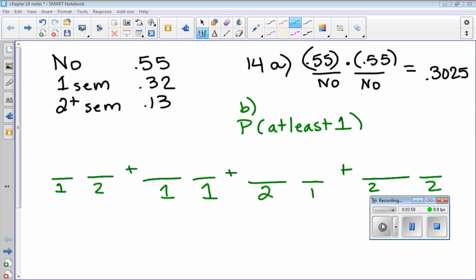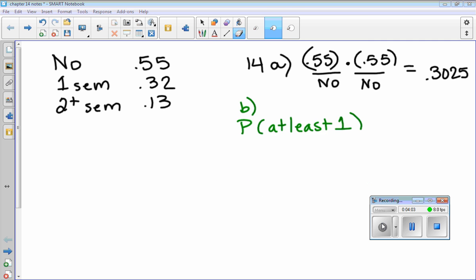I think the better way to look at this question would be to use the complement. Remember how we talked about that at the end of class last time? At least 1 is the same thing as 1 minus the probability of none. Remember how some of you got your phones out, you videoed that part? Put it like that.